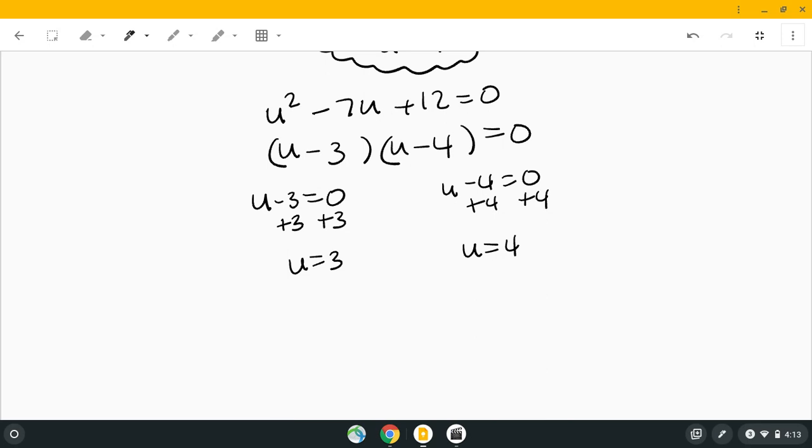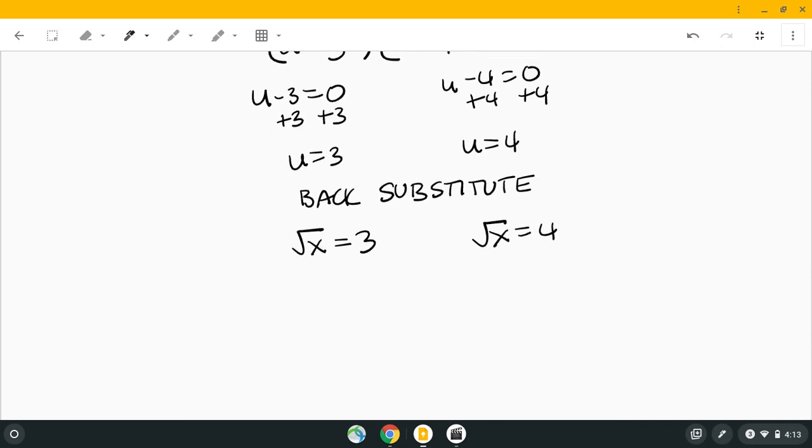So I'm going to back substitute. u is square root x. So I'm going to say square root x equals 3 and square root x equals 4. Now I'm going to solve this. Remember, square and square root cancel. So I'm going to square both sides.